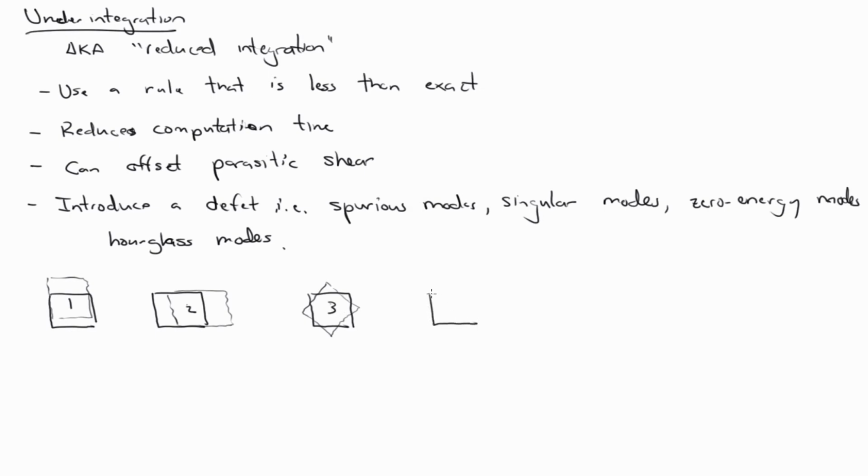Four would be a uniform isotropic expansion, or compression. Five would be an elongation. Six would be a uniform shear.